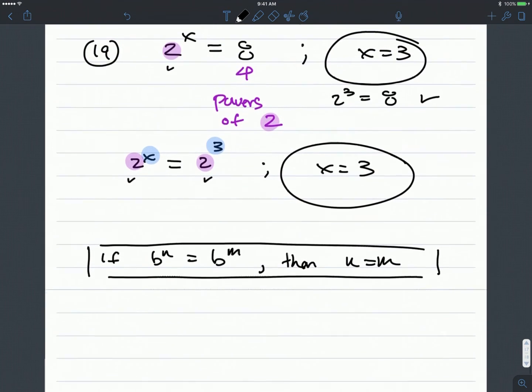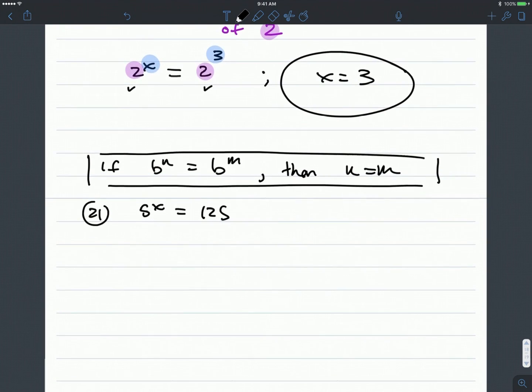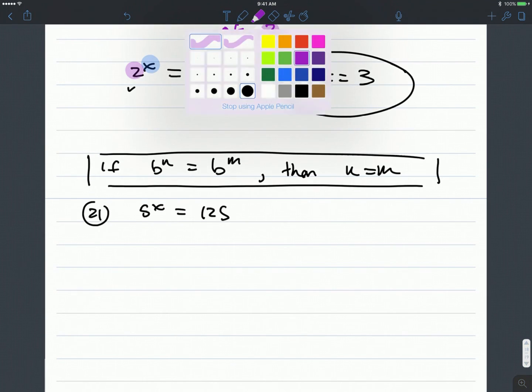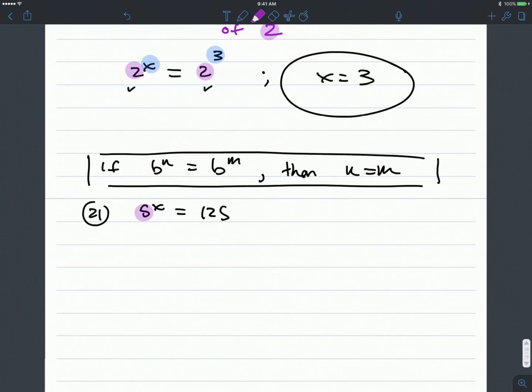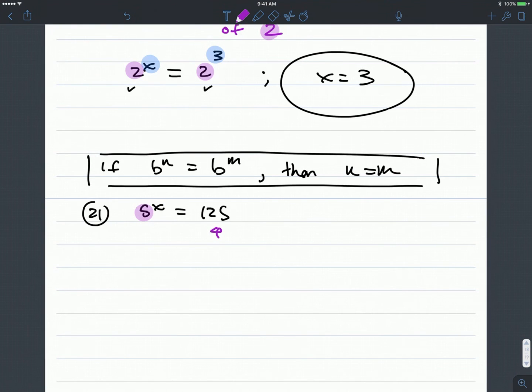All right, so that's number 19. 21 looks like this. 5 to the x is 125. So if I want to use this property that we're talking about here, what do you guys notice? Can I write, see this base 5, can I write 125 as an exponential that has 5 to some power?